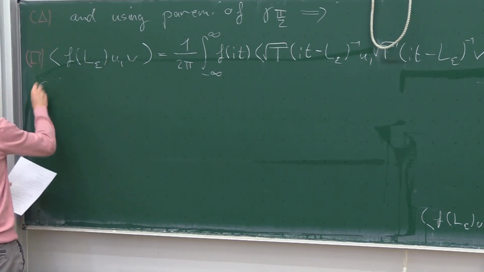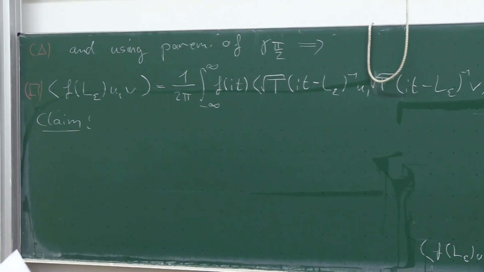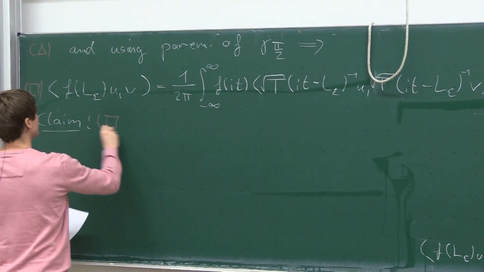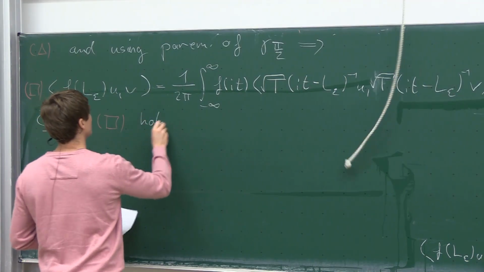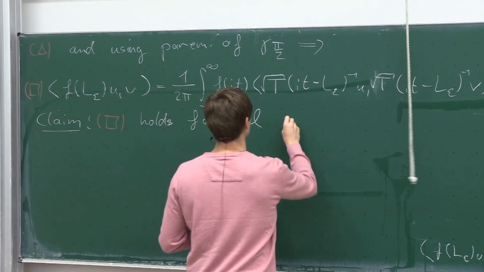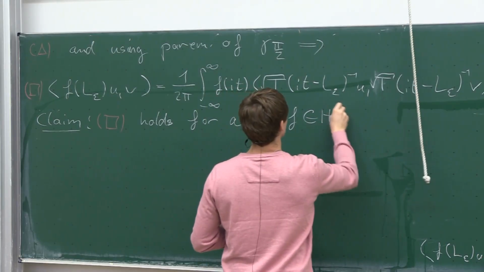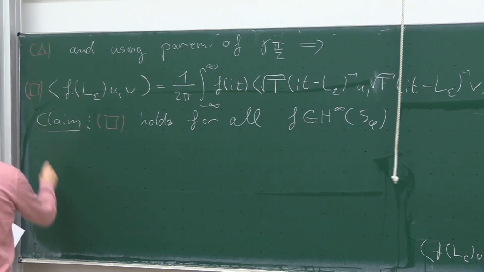So claim: this equality square holds for all bounded holomorphic functions on the sector S phi. So let's prove this claim.